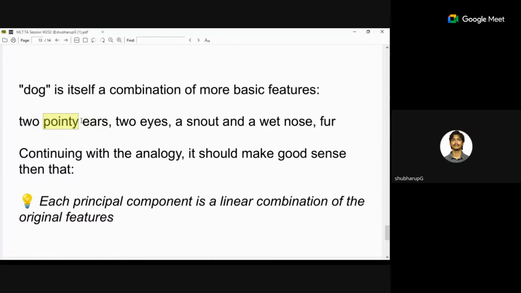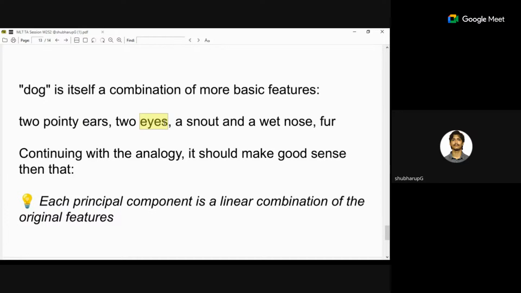Off the top of my head, those are five possible principal components along which measurements are recorded. So these could be possible candidates for the principal components in a data set of dog images.